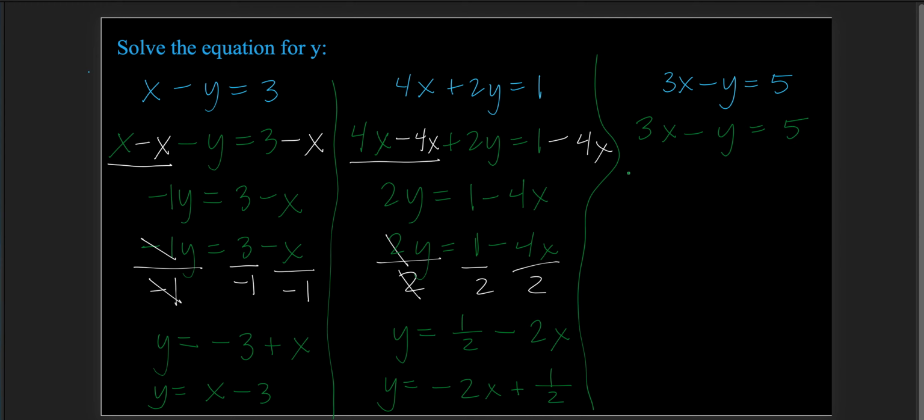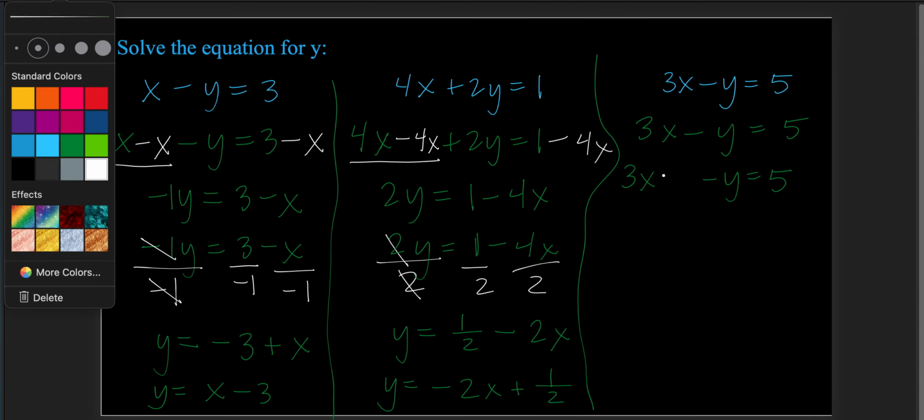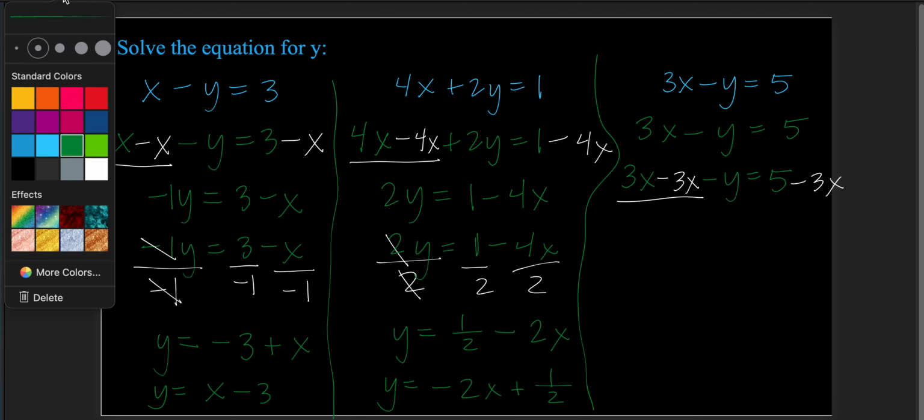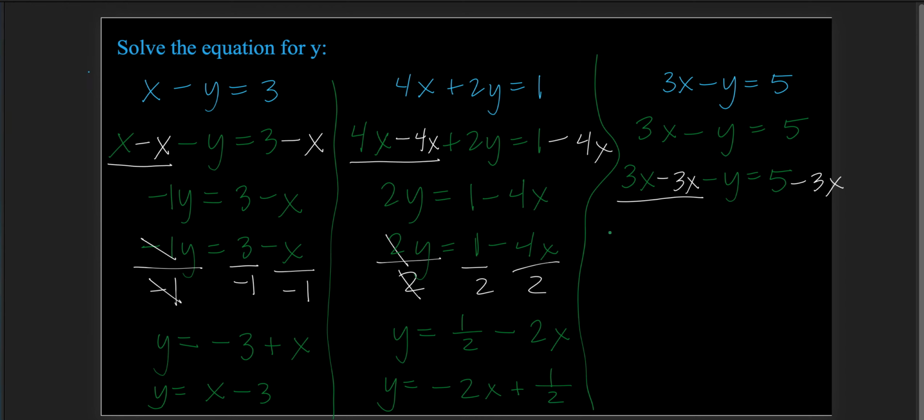And so I'm going to move the 3x first, make it disappear from the left side and appear on the right side. And so to do that, I will subtract 3x, and I'll do that on both sides. Because this is 0, that's what we want to happen. That's why I chose to subtract 3x from both sides. So we have negative y equals 5 minus 3x.